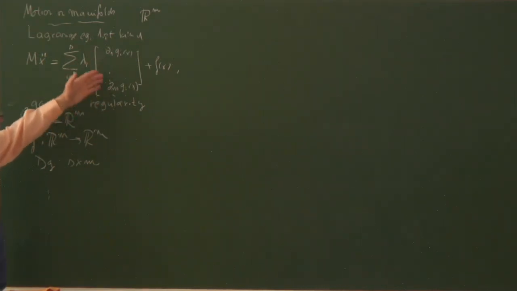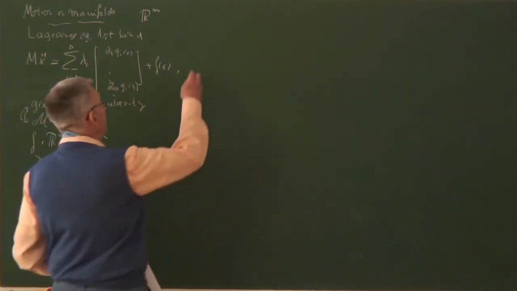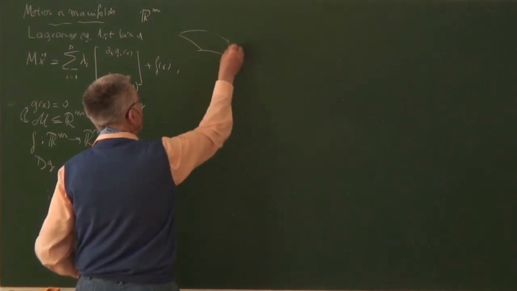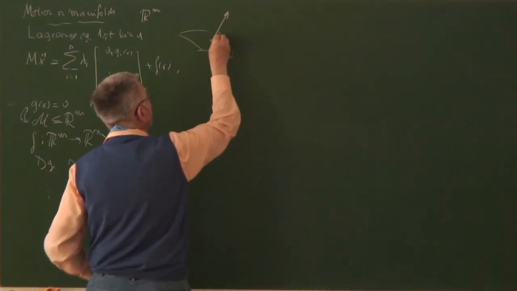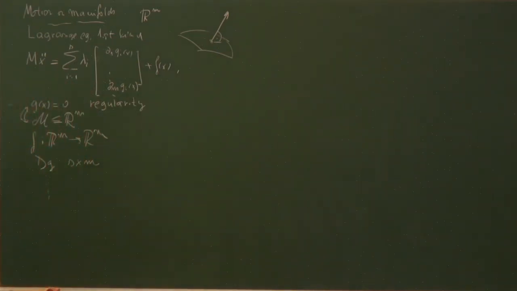These are the components of the normal vector to the manifold. Those forces are unknown except for their direction, that's known, but their size is unknown. And that's lambda i. And this should be determined through the extra information of the constraint.